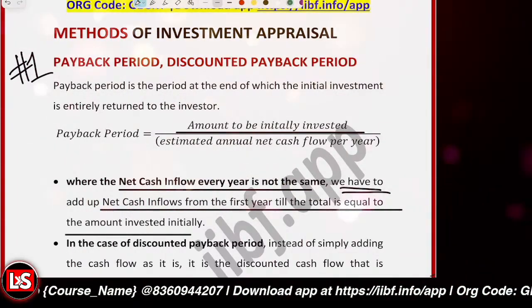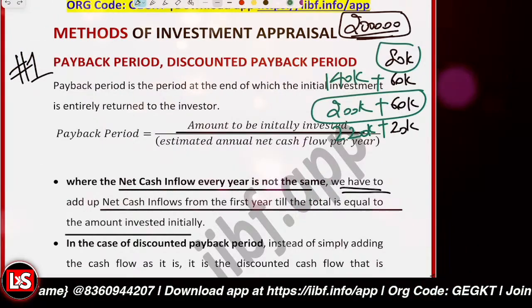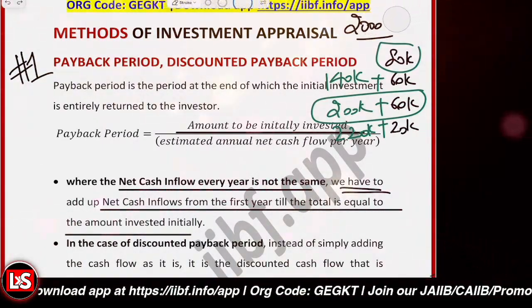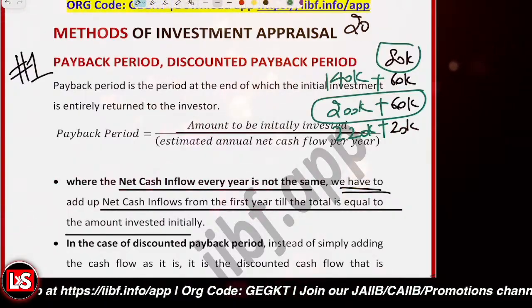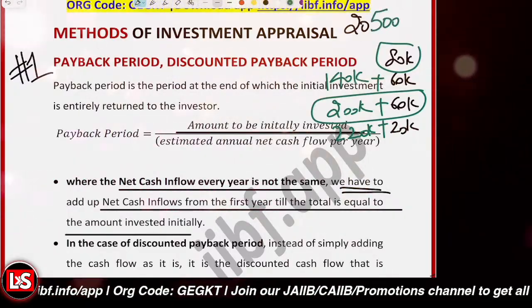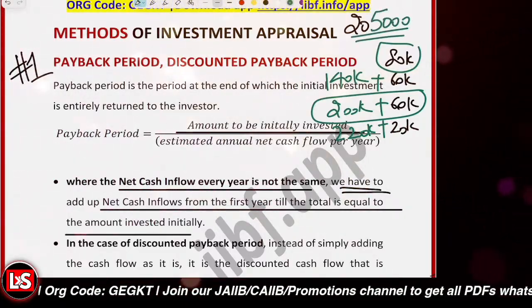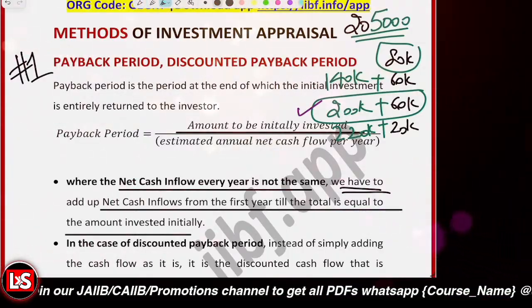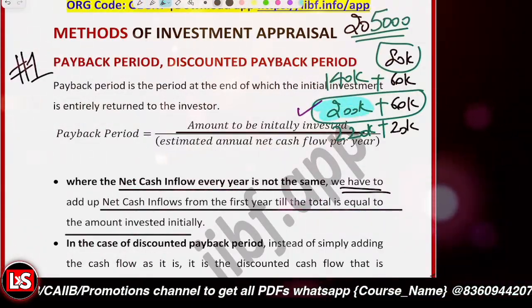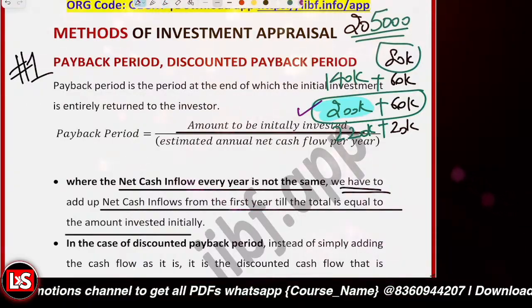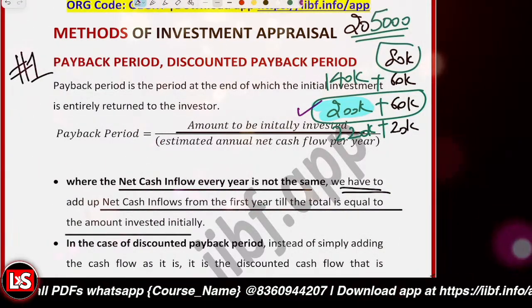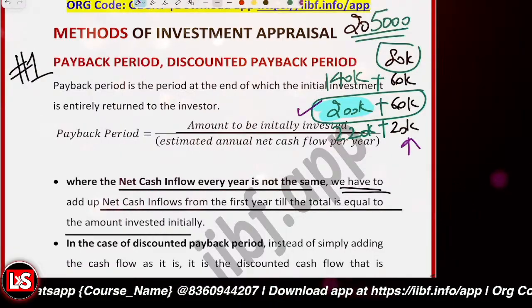And what if in the same case the initial investment is not 2 lakh rupees, but 2 lakh and 5,000? Now we are able to recover 2 lakh up to the third year, but 5,000 remains for the next year. In the fourth year, the total cash flow is 20,000 rupees.